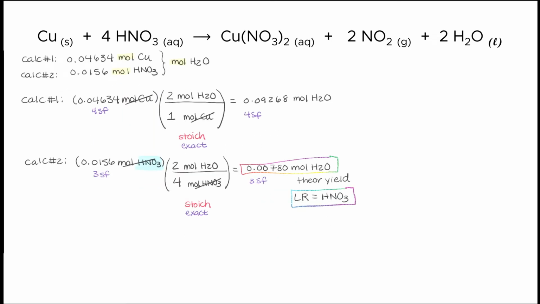To calculate the percent yield, we take the actual yield given in the problem, which was 0.00325 moles, divided by the theoretical yield that we just calculated, 0.00780 moles, times 100.